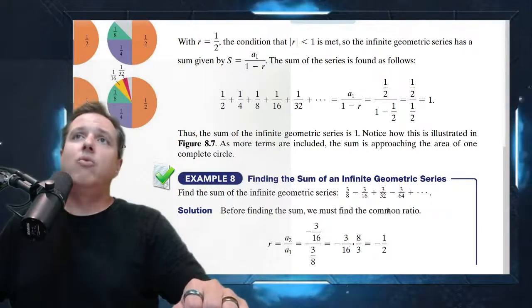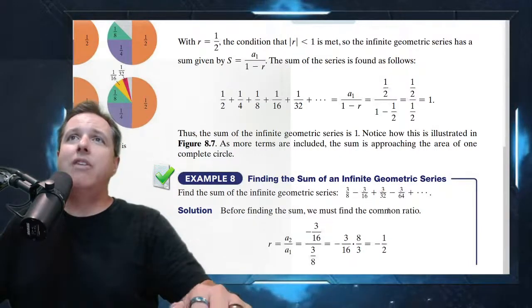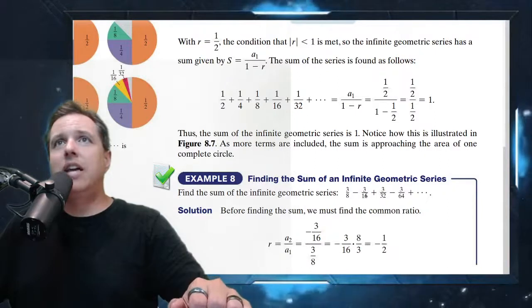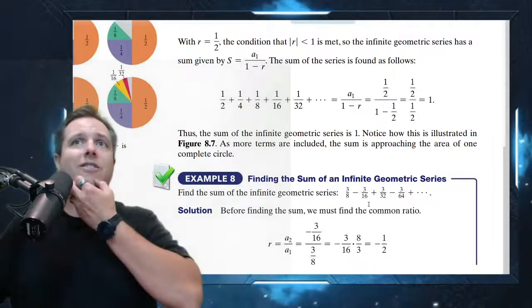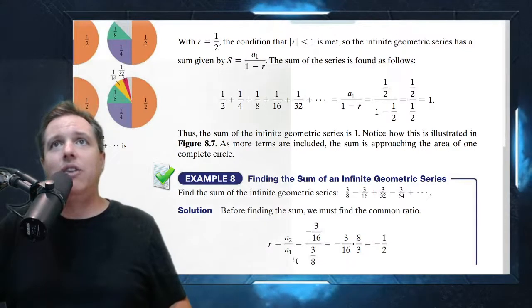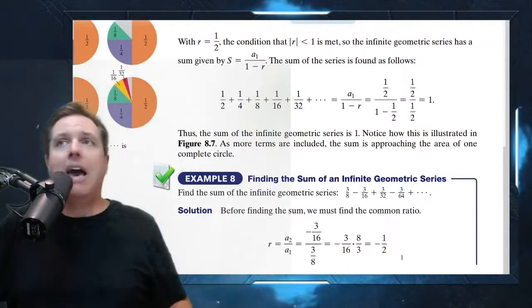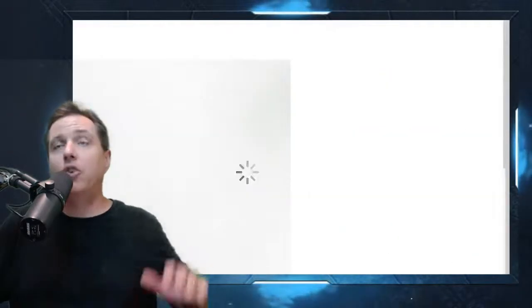Then we're going to get what? We're multiplying by -1/2 each time. So to get from 3/8 to -3/16, you multiply by -1/2. To get to the next one, -1/2. Next one, multiply by -1/2. And you can see that's what they did here, the division, and you get -1/2 for your r value.